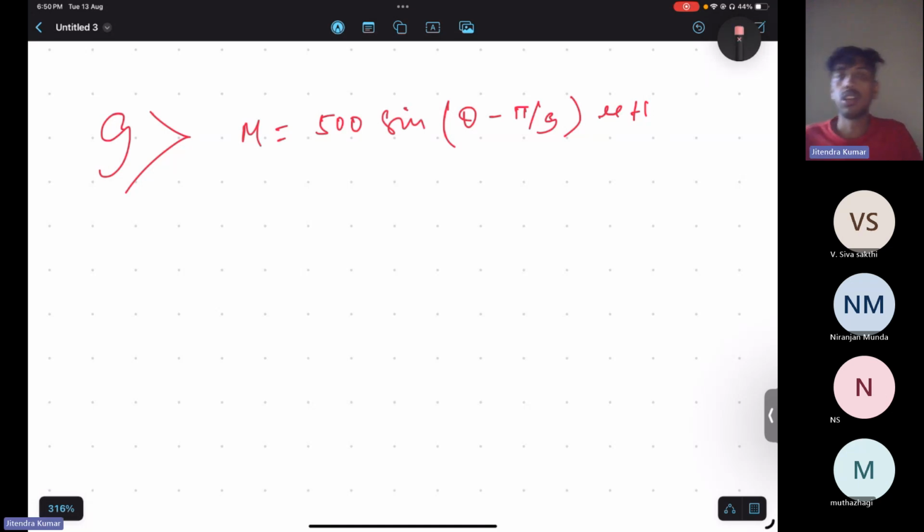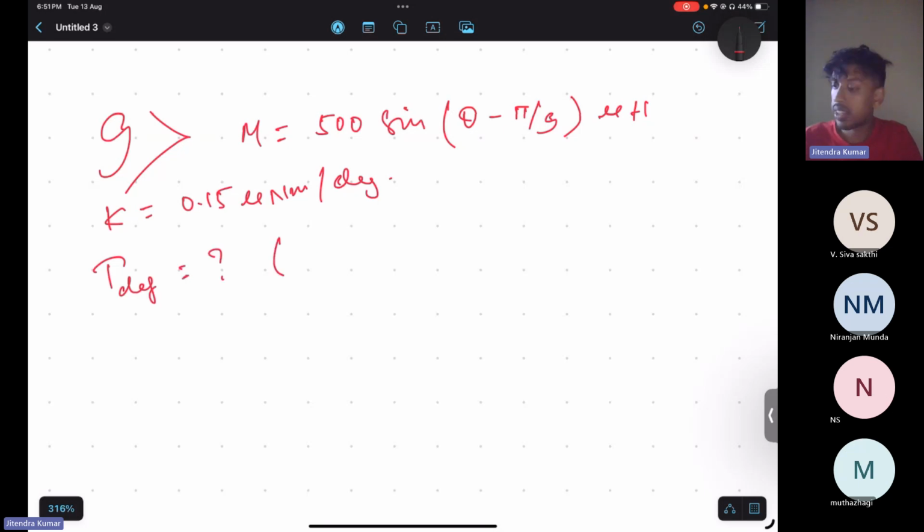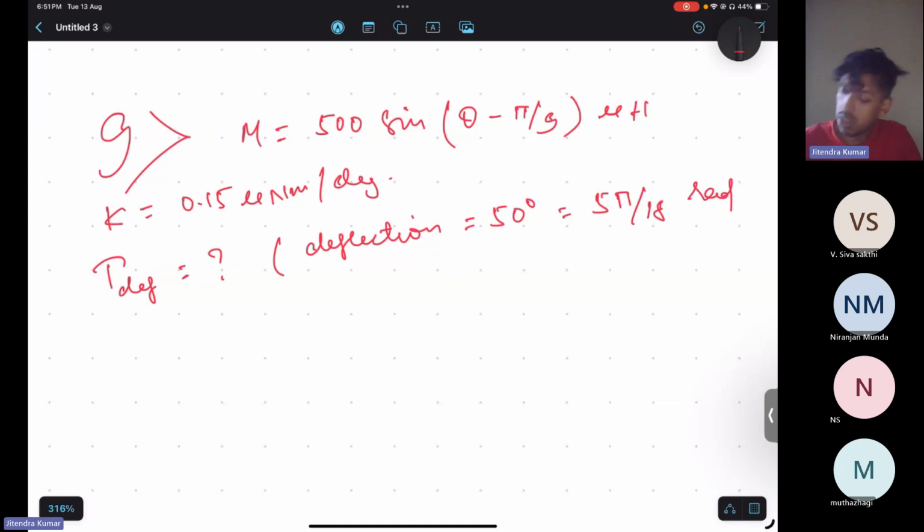So K, the spring constant, is given as 0.15 micronewton meter per degree. We need to find out the deflecting torque when the deflection is equal to 50 degree, or 5 pi by 18 rad.